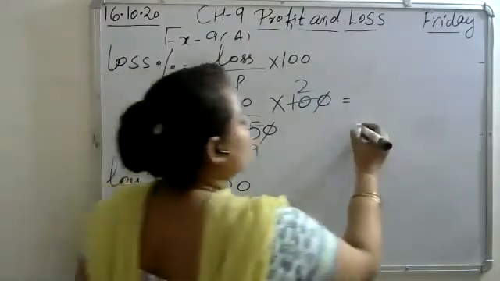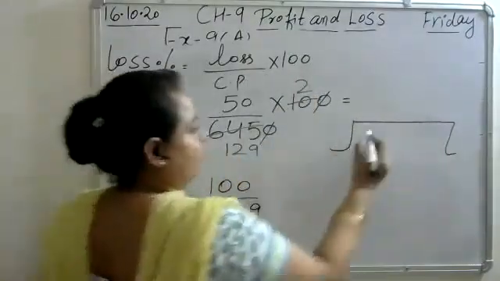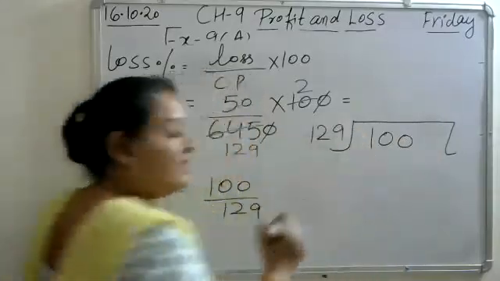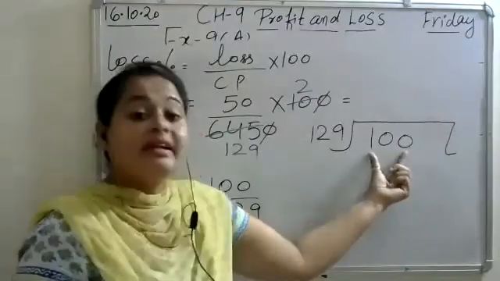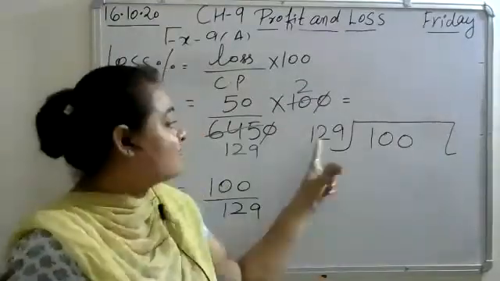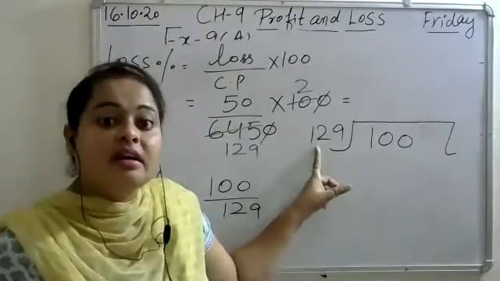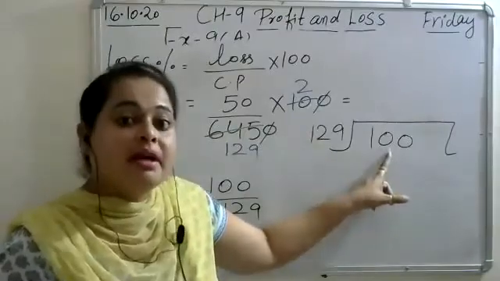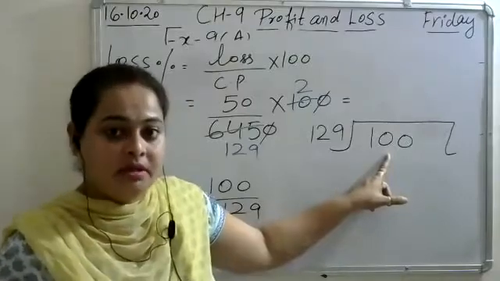During division you will always write the upper number inside. Now look, the inside number is smaller as compared to the divisor. The divisor is 129, bigger, and this number is smaller, so direct division is not possible.